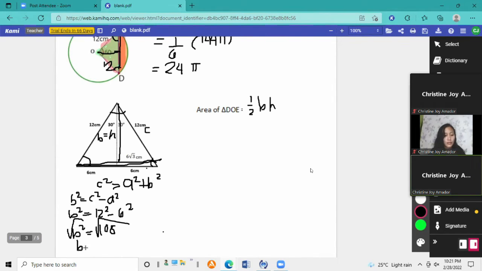B is equal to the square root of 108, which is 6 square root of 3.